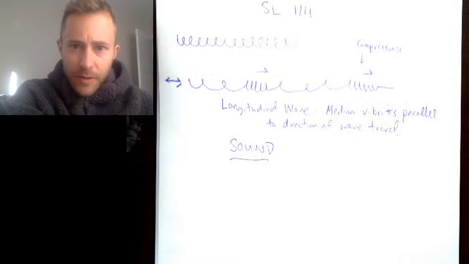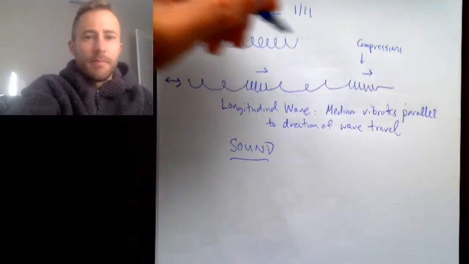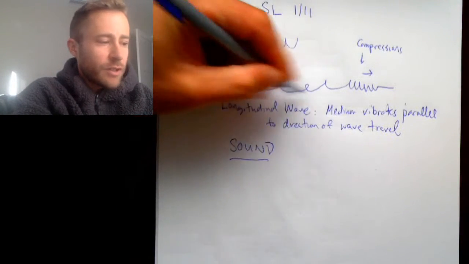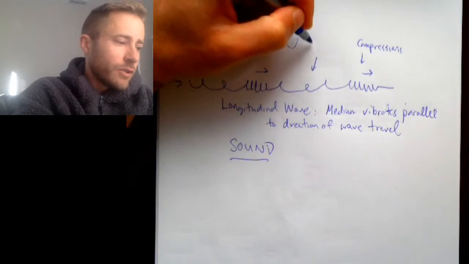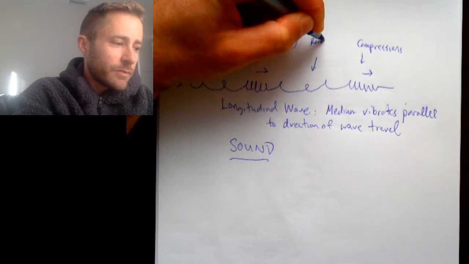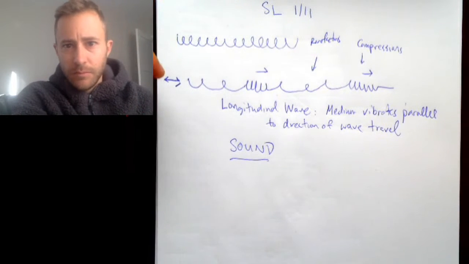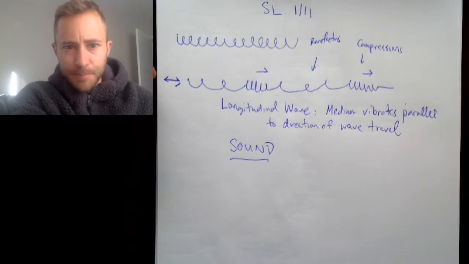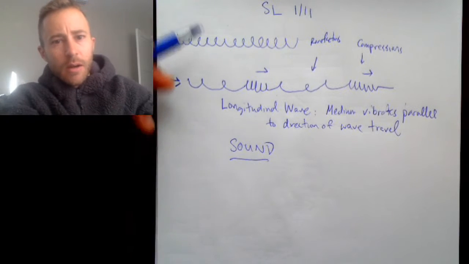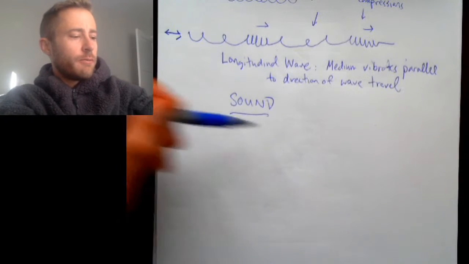And then they have areas where the medium is stretched out, and these are called rarefactions. So that's called a longitudinal wave.